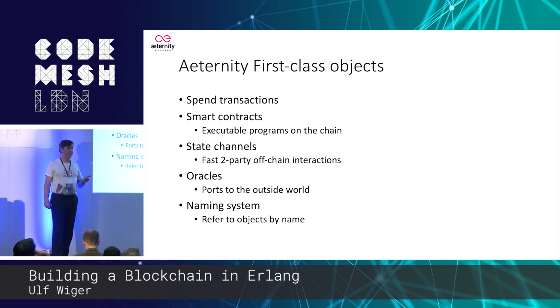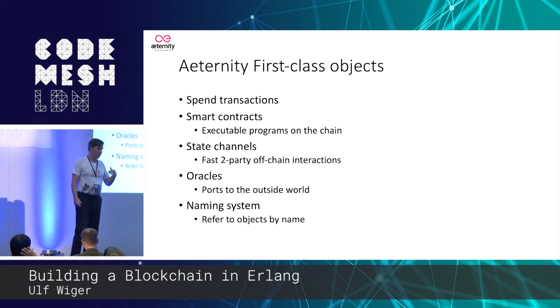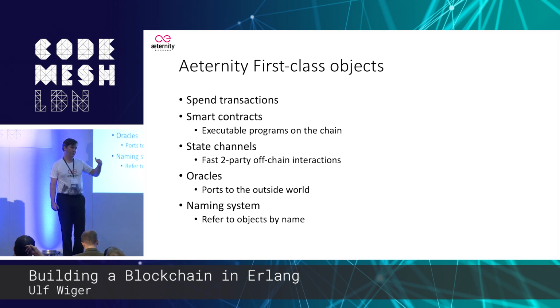Aeternity has slightly better performance. It's about 20. In our current load tests, we're running 30 to 40. Our design should have at least a theoretical capacity of 100. I don't know how close we're going to get to that. There are much faster blockchain systems.